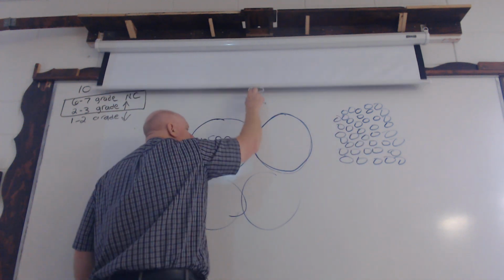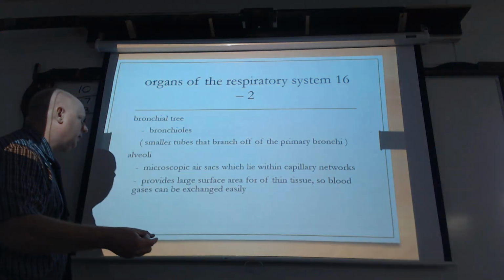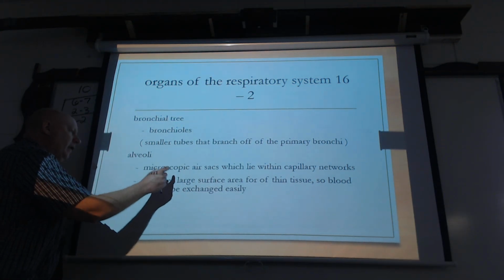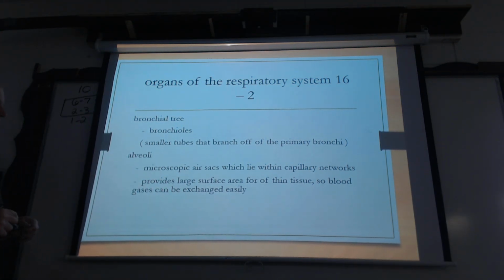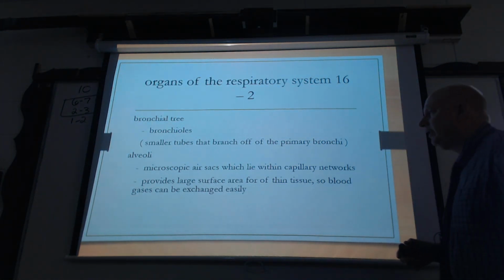And that's why when we talk about the capillary bed, that is what we're referring to here. Provides a very large surface area, okay, so that blood gases can be absorbed in exchange very easily, okay.